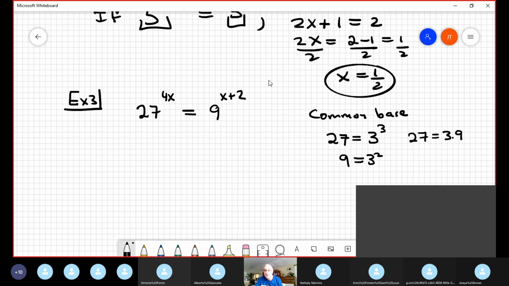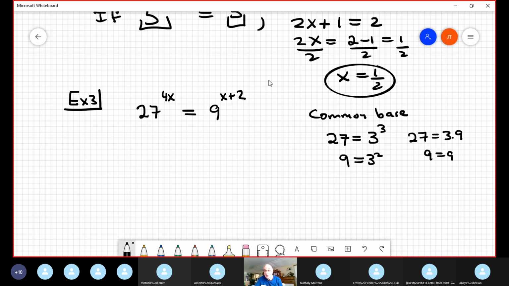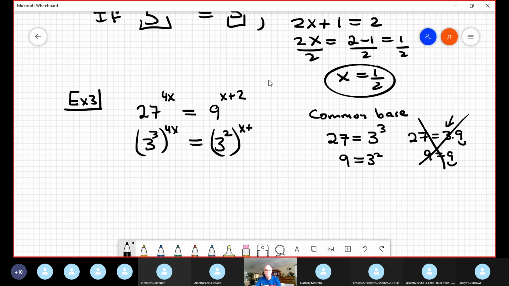You could try to express it that way, but we have an extra 3 that I cannot solve. Not good. This is a much better option. So you replace, not 27 anymore, it's 3 to the third power, raised to the 4x, equal 9, which is 3 to the second power, raised to the x plus 2.